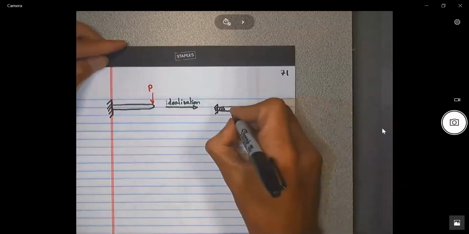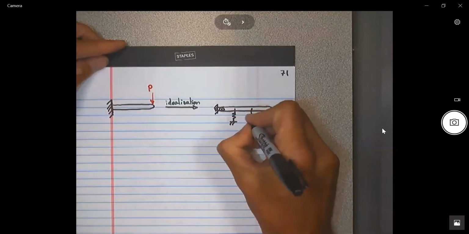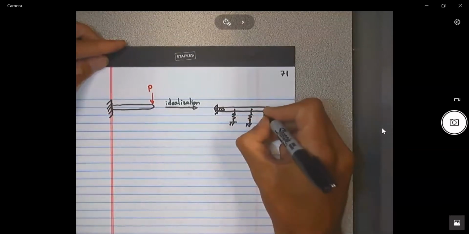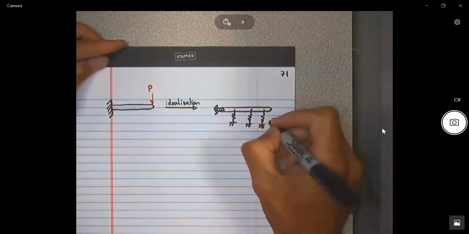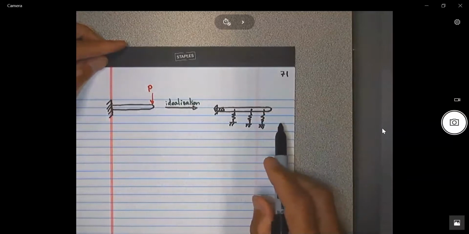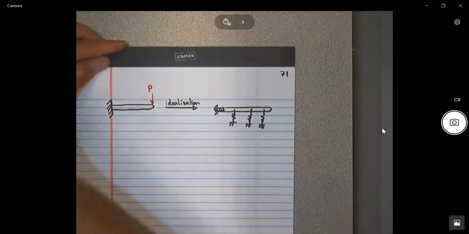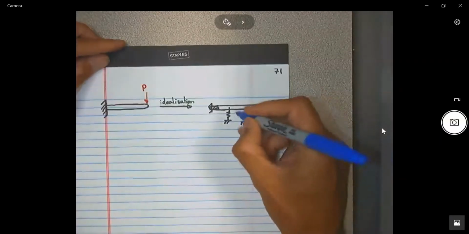You can model it as the stiffness of springs along the length, or you can just put one, no? All right? So for example, what would be the way to determine the stiffness if it was only one spring?